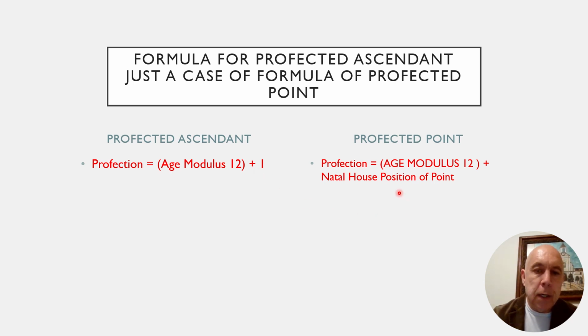Whereas over here, you're going to have to fill this in with the natal position of the point you're trying to perfect. But this first one is just a case of this second one, because the ascendant is always going to be in the first house by definition, right?